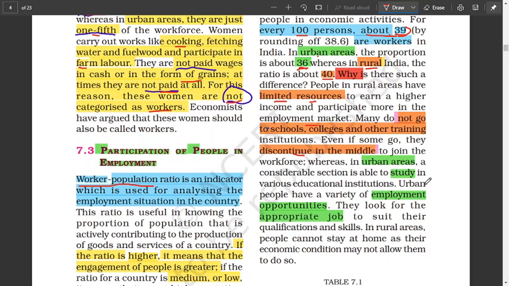Whereas why is it less in urban areas? Because a considerable section of the people are able to study, they continue to study, and they work at a later stage. There are more employment opportunities in urban areas, and they look for appropriate jobs. They just don't go for agriculture.